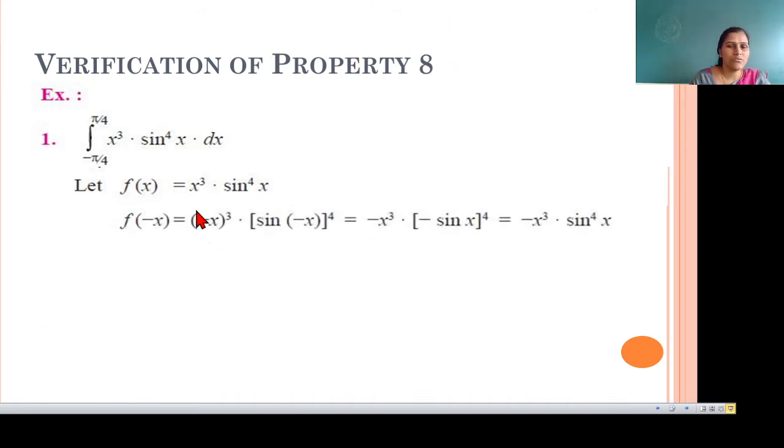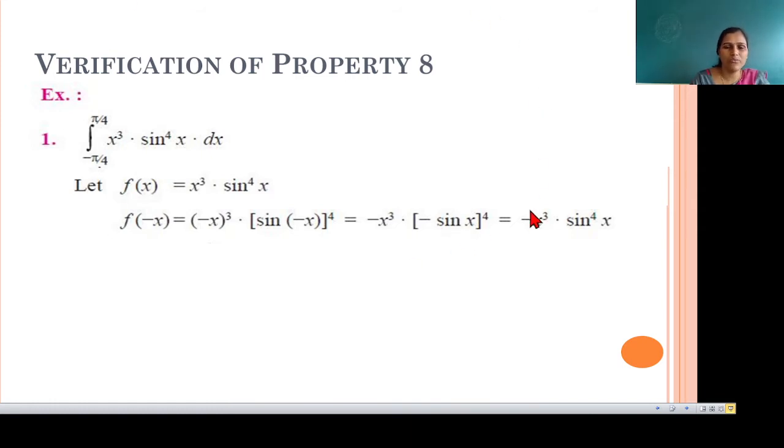First we will check whether the given function is an odd function or an even function. So we replace x with minus x. Then f of minus x will be minus x bracket cube into sine minus x bracket raised to 4. So minus x bracket cube will be minus x cube, and sine of minus x bracket raised to 4 will be minus sine x raised to 4.